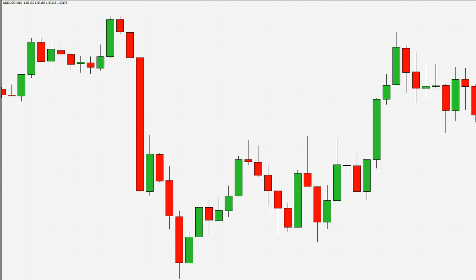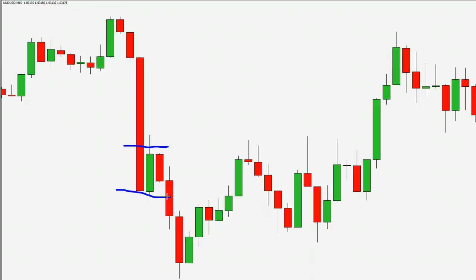So what that means is, do all these patterns work? No, obviously not. If they all worked every time, we would all be multi-million-dollar traders. But the key is to find a pattern you're good at identifying, one that has a good win rate, over 50%, and a good risk to reward ratio, and that is what you will use to make yourself a profitable trader.